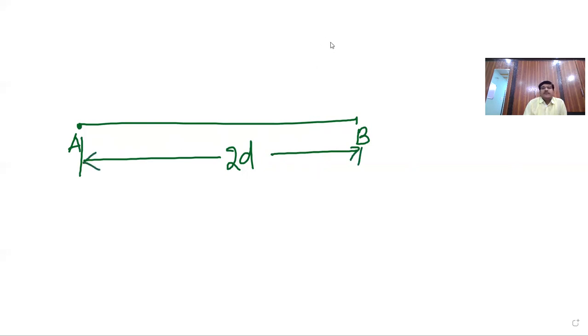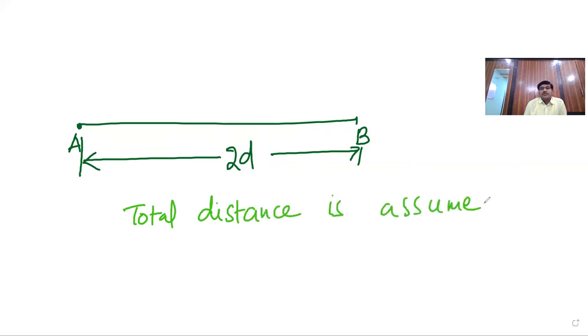So here I clearly write total distance is assumed as 2D for convenient purpose, because half of it becomes D. If you assume directly D, it will become somewhat complicated. So hence half becomes D. That's why I'm assuming it as 2D. Clear?